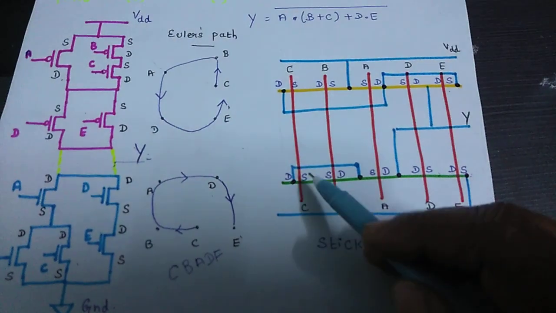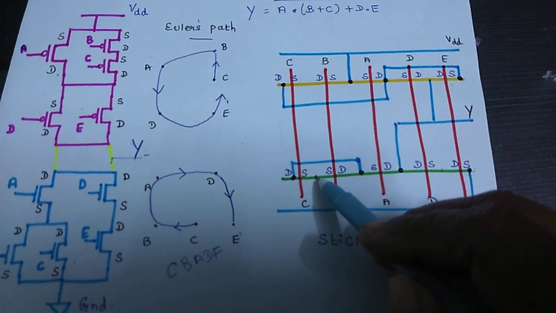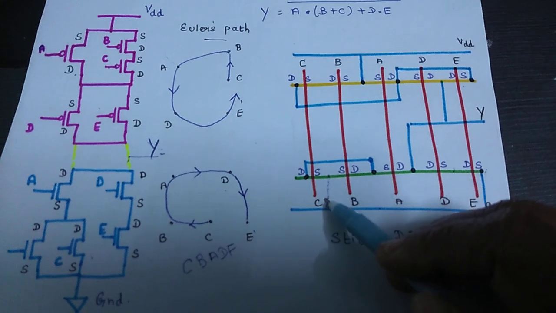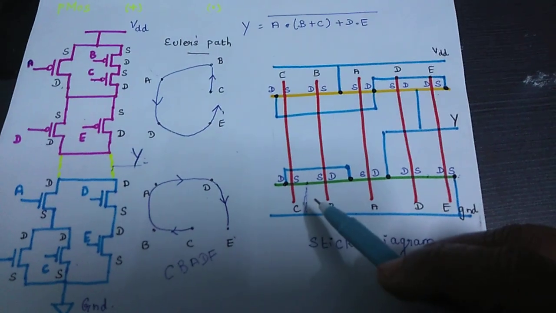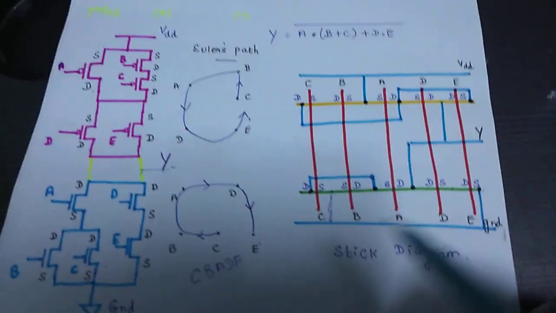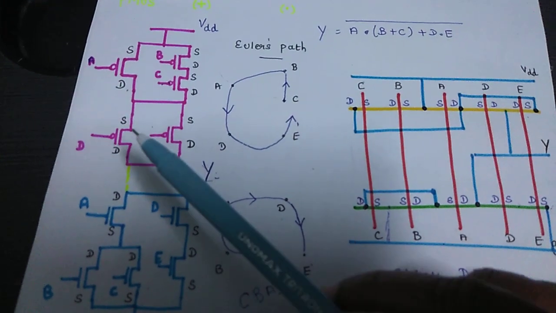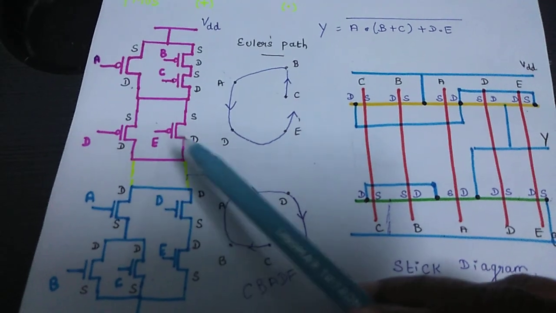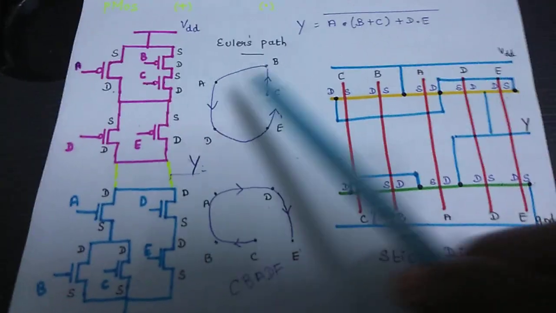This also will be coming up to this supply, that is your drain. Okay, here I have to draw down the ground connection. Okay, then we have to take the output from drain of D and E of your PMOS transistor.